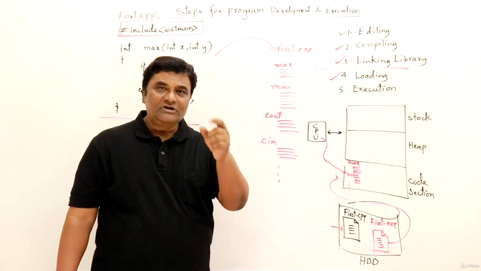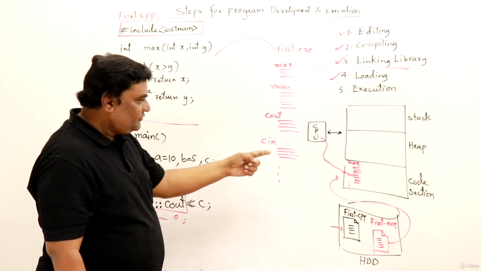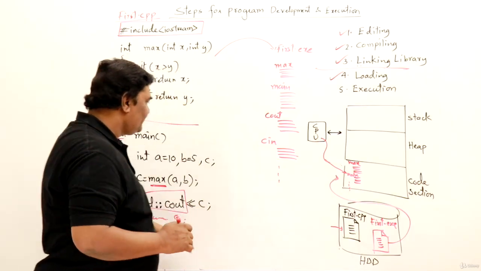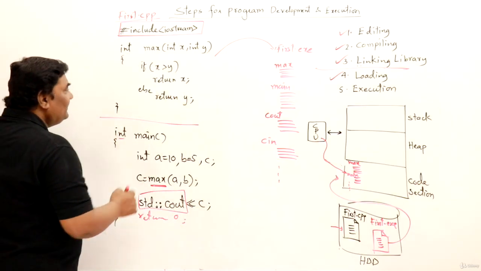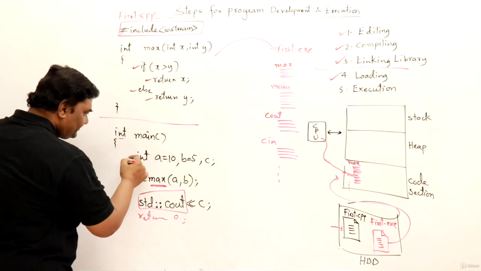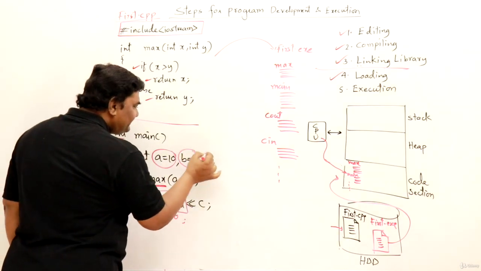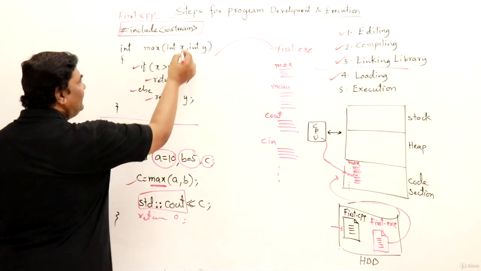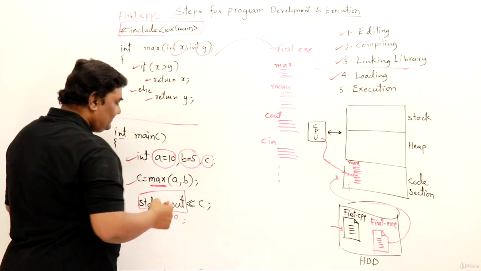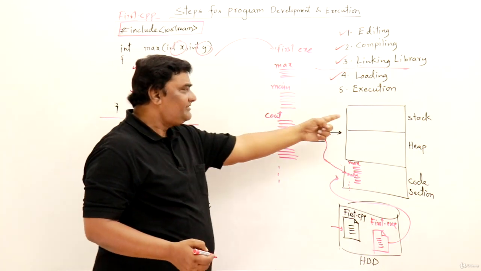Now, a little bit more about the execution. Once the CPU is given the address, it will start executing. If you look into the program, all these are instructions, this is an instruction, this is an instruction, but this A, B, C is a data variable. X, Y are the variables. Now for variables also space should be there.